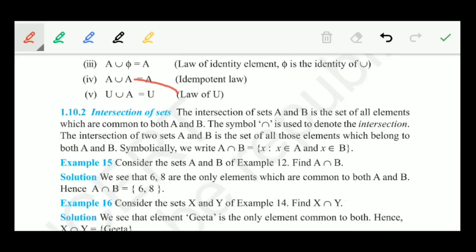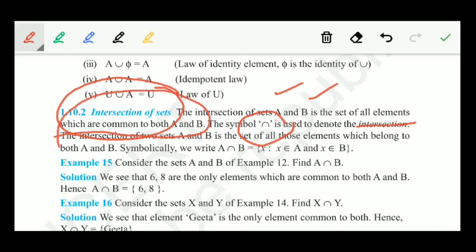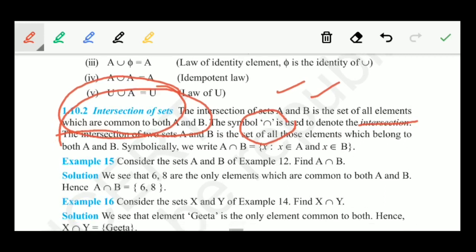Now we will start the second operation, that is known as intersection of sets, and the symbol of intersection is the converse of union. You can see here, and see the definition. The intersection of A and B is the set of all the elements which are common to both A and B. Please remember, note down this line: all the elements which are common to both A and B, and the symbol of intersection is used here.